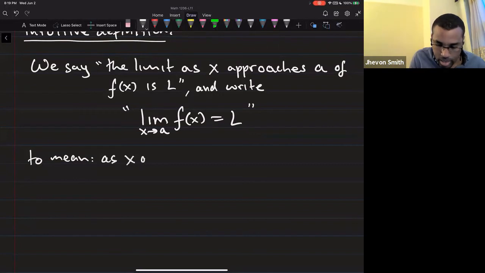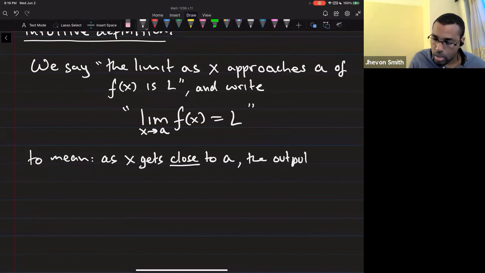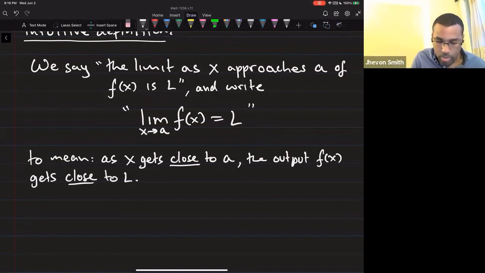as x gets close to a, the output f of x gets close to L, right?